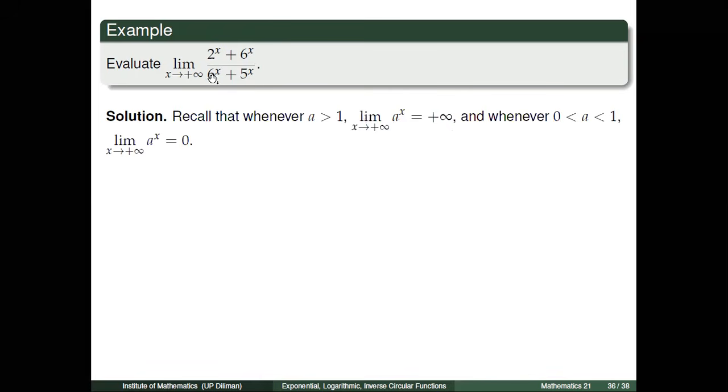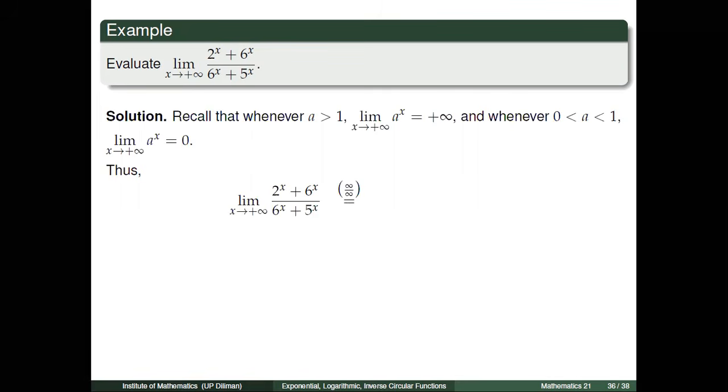Now, in this expression, the bases are all greater than 1. So the limit of each of these as x approaches positive infinity is positive infinity. So we have something of the form infinity over infinity. Now, how do we remove the indeterminacy?